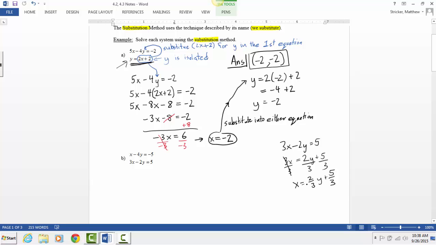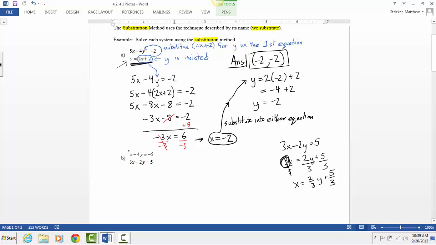And then we would have to substitute this into the other equation. Do you see the problem with this? It's that we have fractions, and nobody likes to work with fractions. And the reason why we got fractions is because we had this 3 in front of the x. So that's always going to be an issue if you have a coefficient, or a number, in front of the variable that you're trying to solve for.